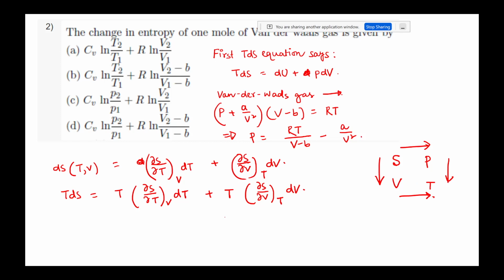So (dS/dV) at constant T will be (dP/dT) at constant V. This is a Maxwell relation. So this thing will be changed. Now (dS/dT) at constant V, we have to play around with this a little.